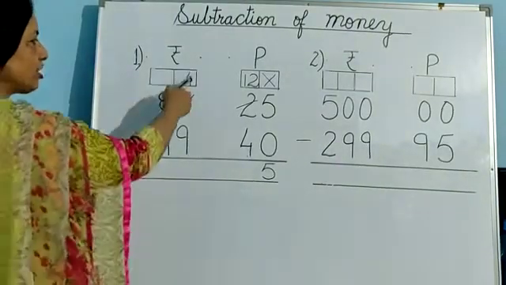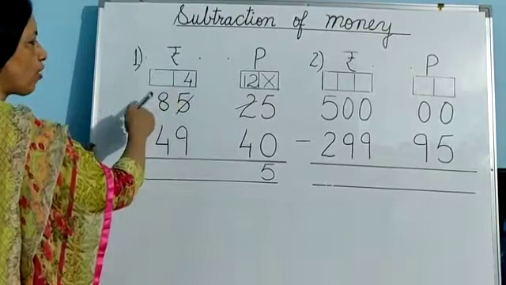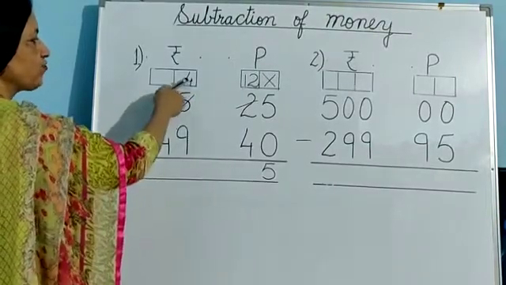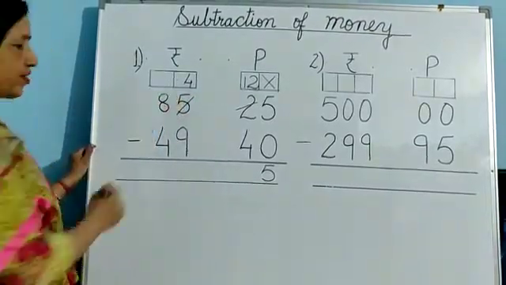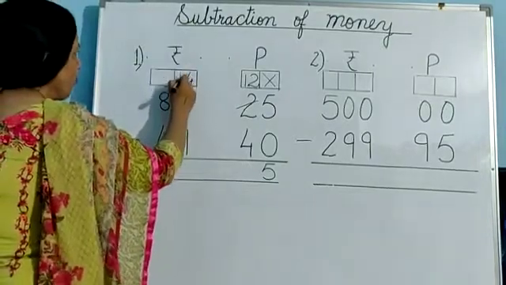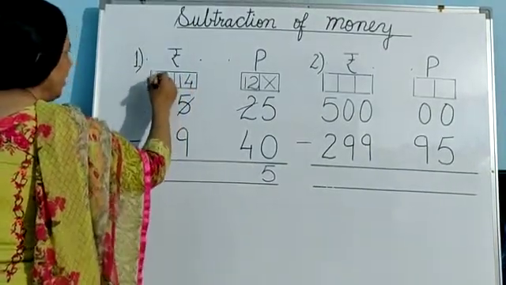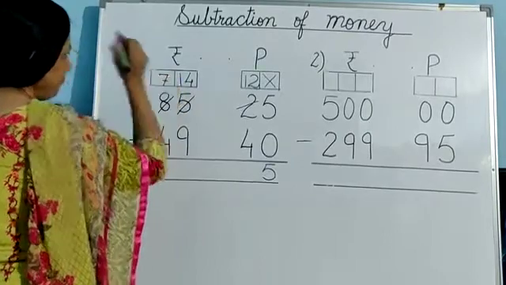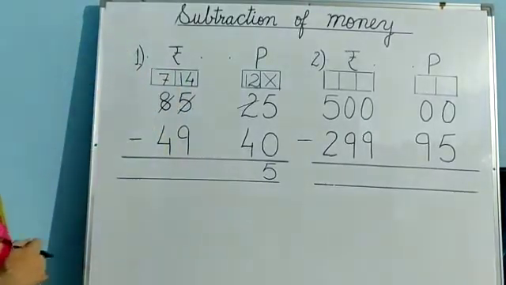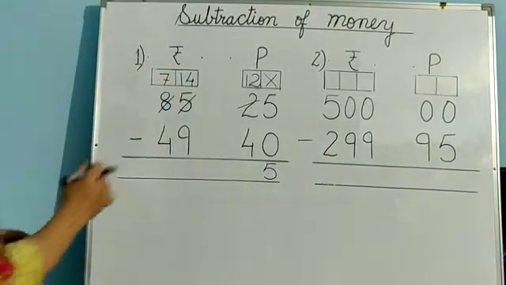Clear beta? Now this 4 will borrow 1 from 8 because this 4 is smaller. This 8 will become 7. Clear beta?